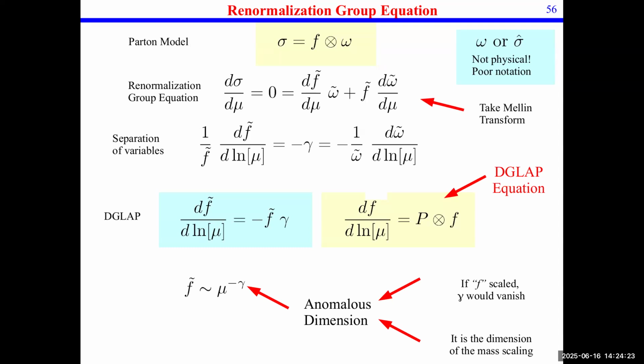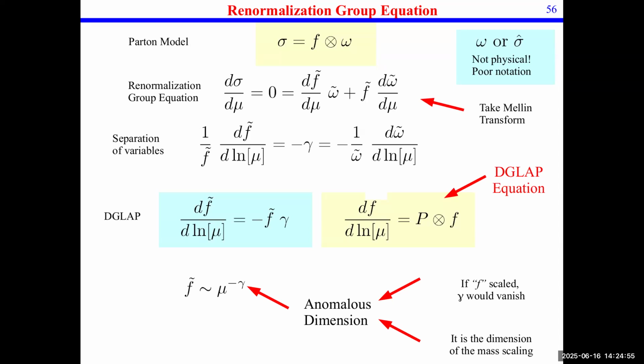And what's neat about this is on the right-hand side, everything here is perturbative and calculable. On the left-hand side, that's completely non-perturbative. Okay, but because I can calculate this and use a renormalization group equation, I can calculate gamma. And because I can calculate gamma, I then know how this parton distribution changes with scale. And so if I just rearrange this, here's my differential equation in Mellin space, and then I can solve this.